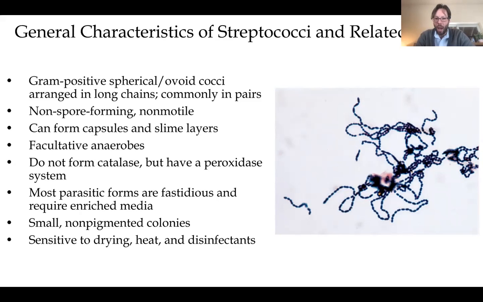They can form capsules and slime layers, just like the staphylococci. They're facultative anaerobes. That means they can live in an anaerobic environment without oxygen or with low levels of oxygen, but they can also exist in the presence of oxygen.